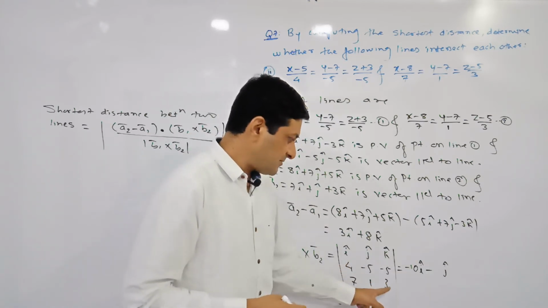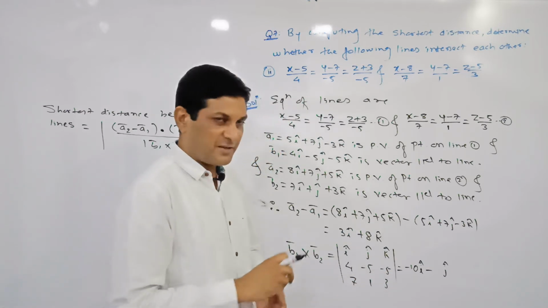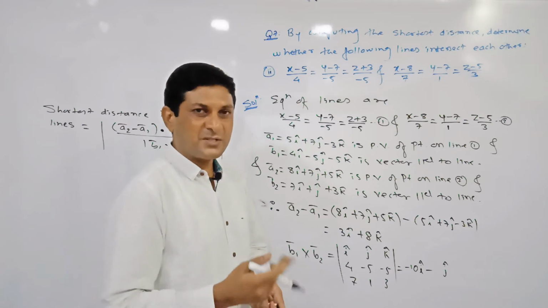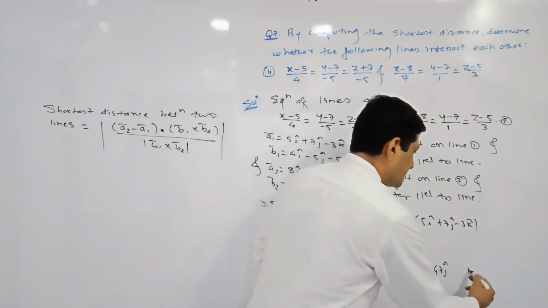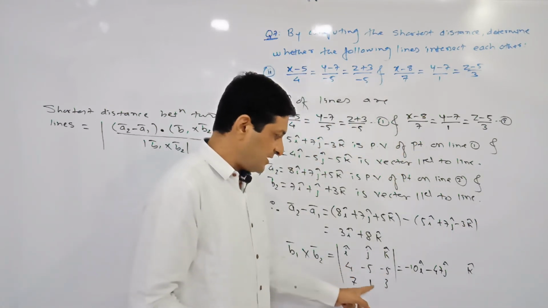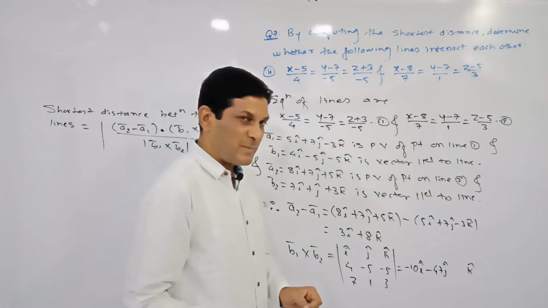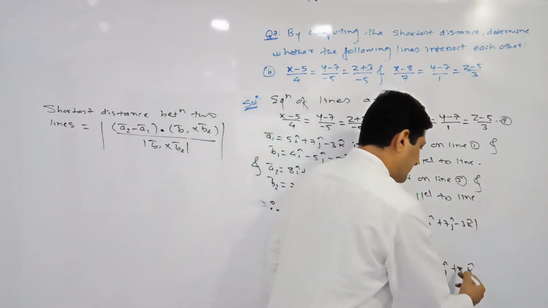This product is 12, 12 minus means plus 35, so 12 plus 35 will be 47. Lastly we find the coefficient of k cap. Delete this column. This product is 4, 4 minus means plus 35, and 4 plus 35 will be equal to 39.